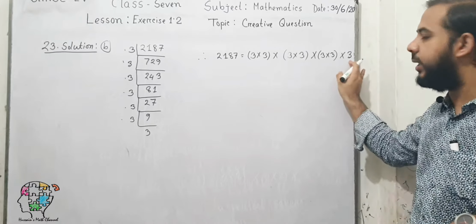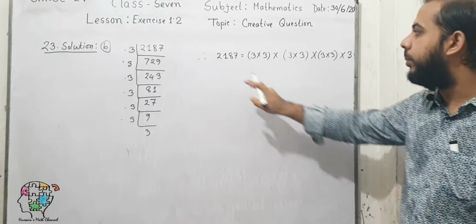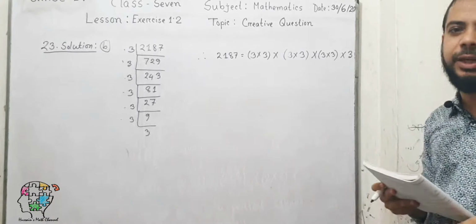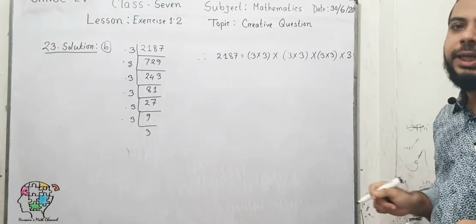So if we want to make 2187 a perfect square number, we have to multiply it by 3.